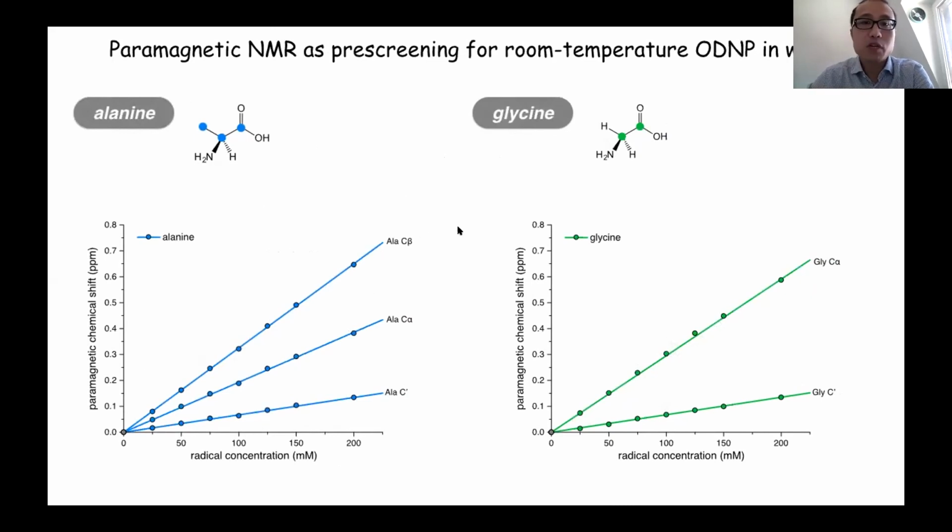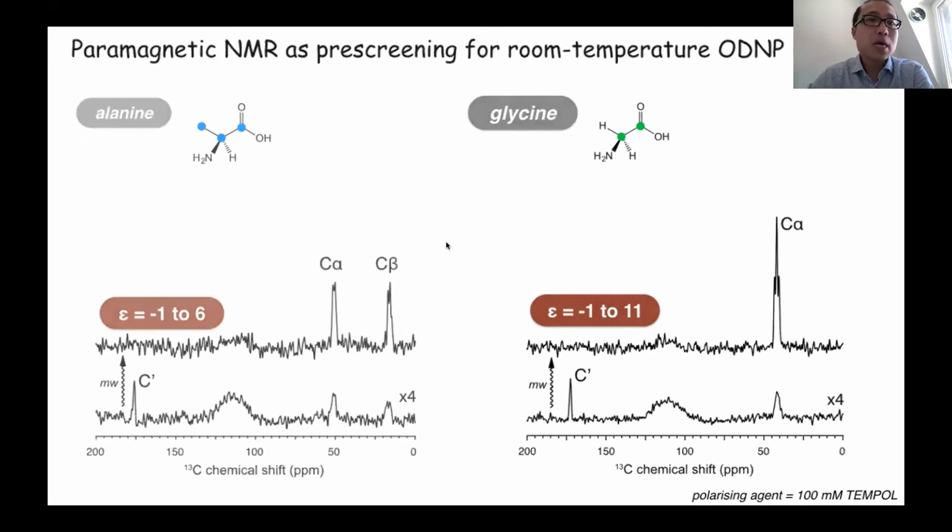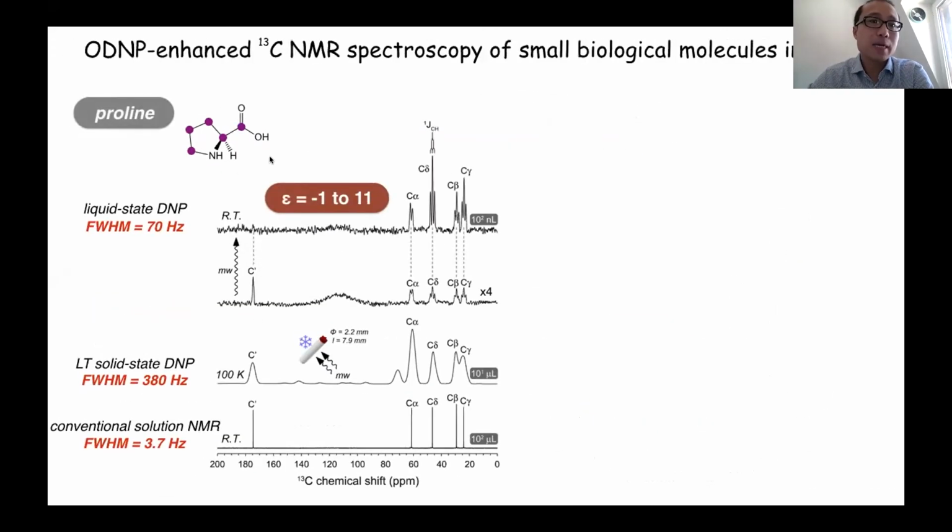Same approach: first we run the paramagnetic NMR experiments as a pre-screening and then subject to the technically more complex high-field DNP measurements. And we consistently see nice enhancement on many carbon sites on these molecules. And even on the structurally more complicated proline, we do see all the aliphatic carbons are quite enhanced.